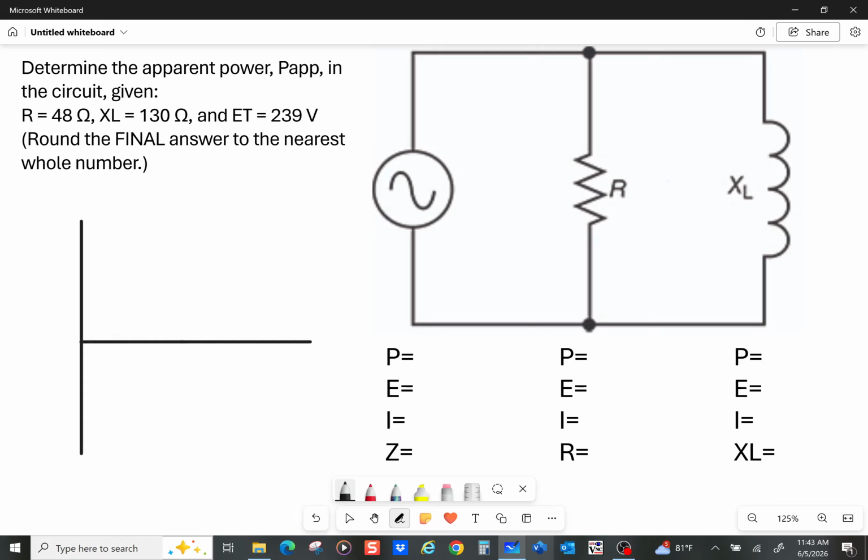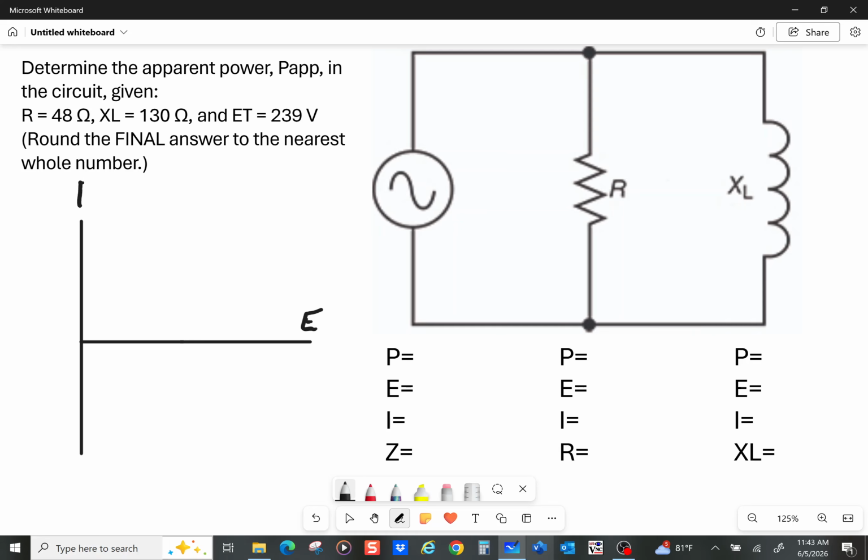that the horizontal line represents what is in phase. And in this case, in a parallel circuit, we know that what's in phase, or what is the same in a parallel circuit, is voltage. So with our ELI and ICE, we know that the last letter, that is E, belongs in the word ICE.